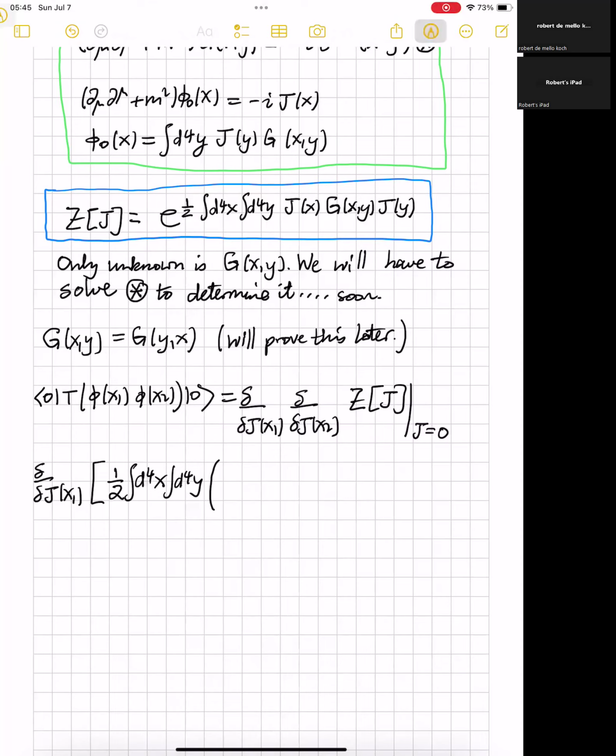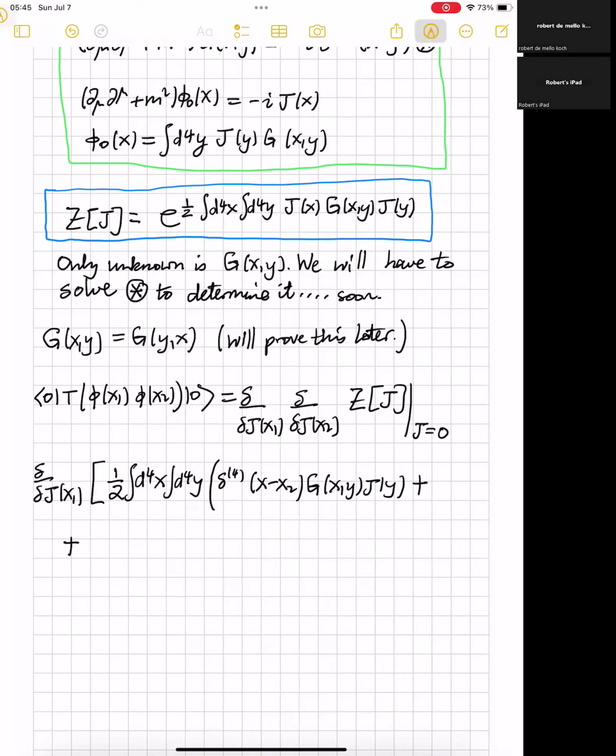Well, the first thing that we can do is delta over delta J of x2 can hit J of x, and that'll give us a four-dimensional delta of x minus x2 multiplied by G(x, y) J(y), plus, we can also hit the J of y. There are two sources there.